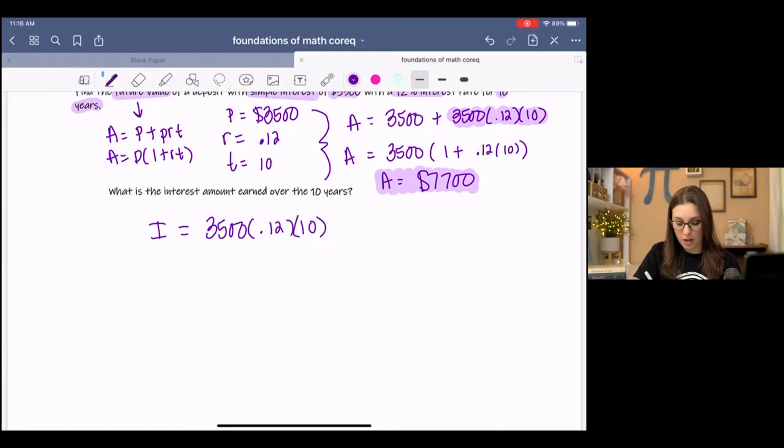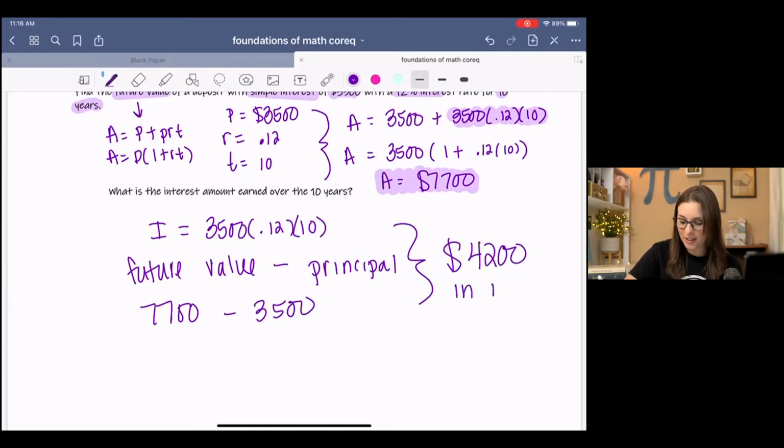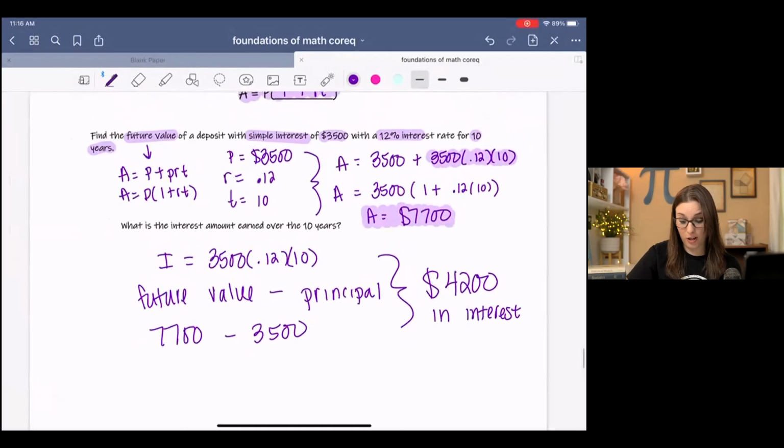Or you could take the future value and subtract your principal to figure out that difference between the two. Whichever one you use, you should end up with $4,200 in interest. That's a lot of money for it just sitting there.